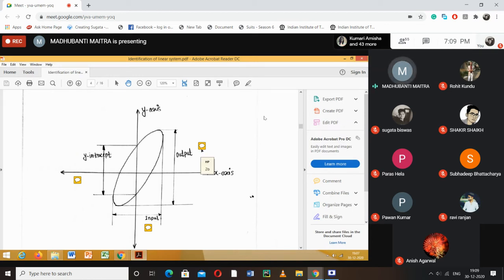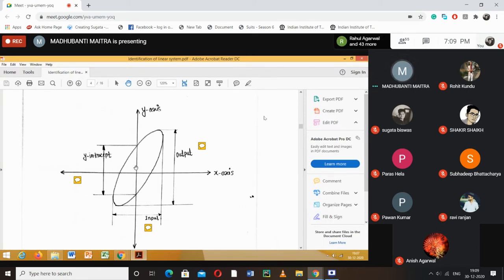So in the previous table, we denoted the output by this 2B, and the input is along the x-axis. In the x-axis, that means channel 1, we have connected the input. Hence, along the x-axis, this will give us this projection. If you take this projection, then we'll get the input, which is denoted by 2A.